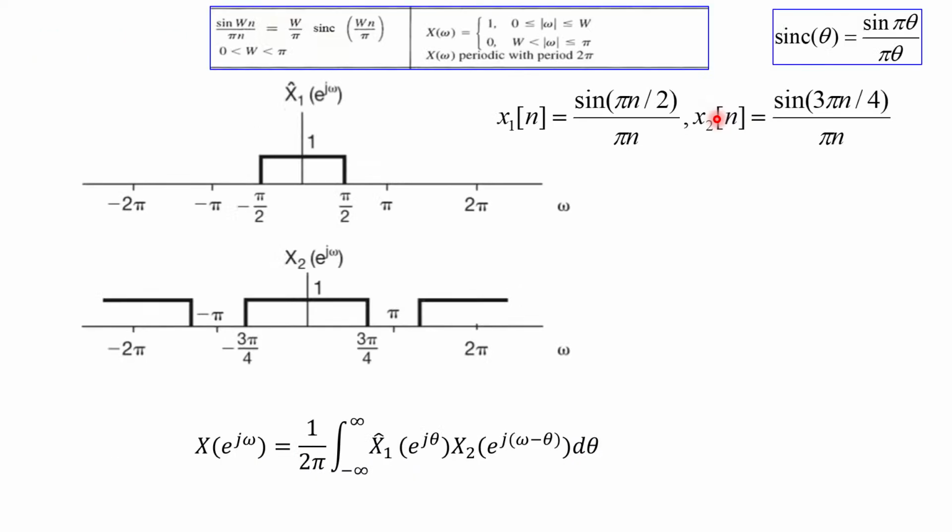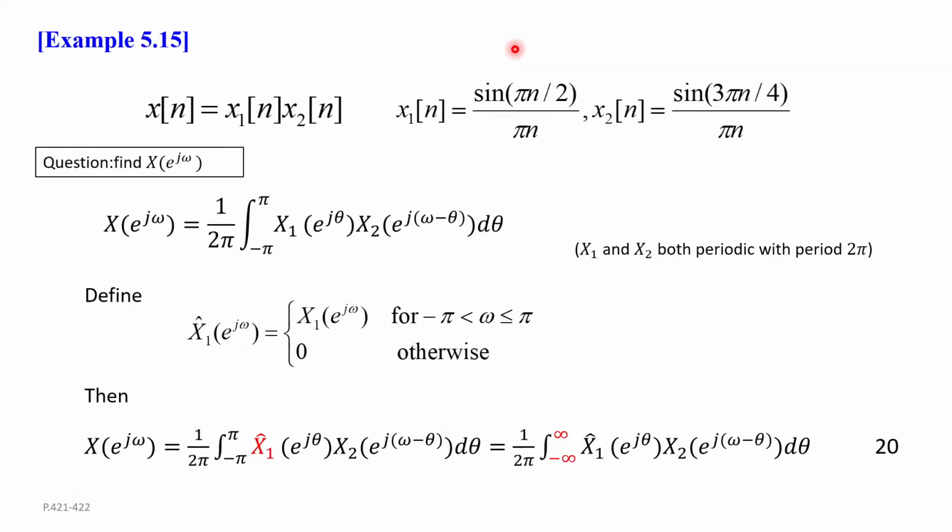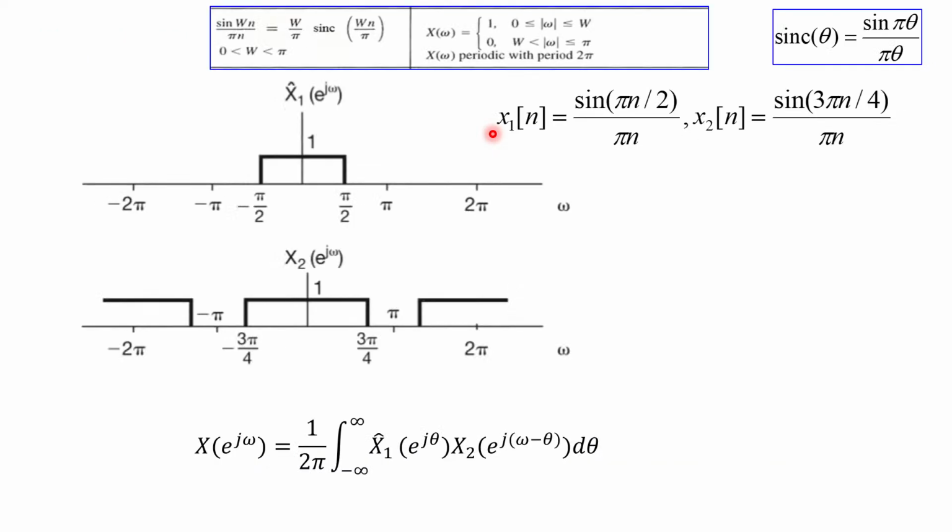this is true that if you have a sinc in the time domain for discrete time, then actually we see this, right? Those are the low pass filters.